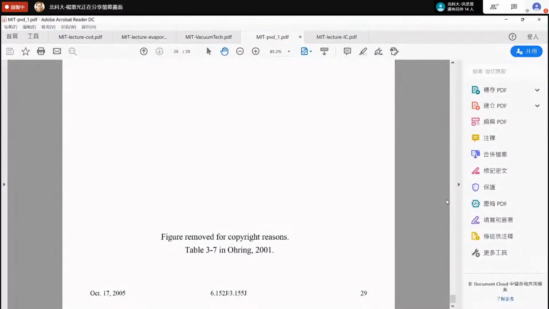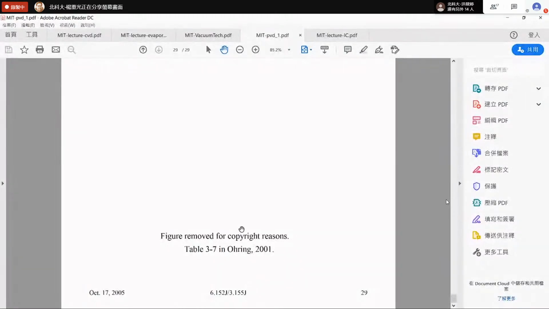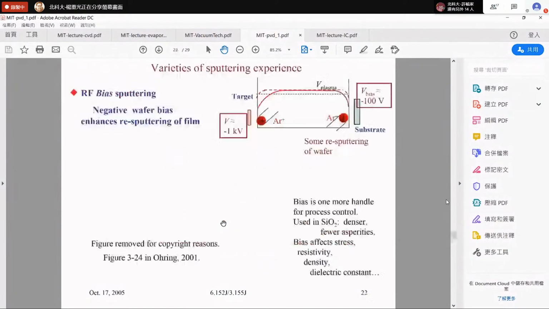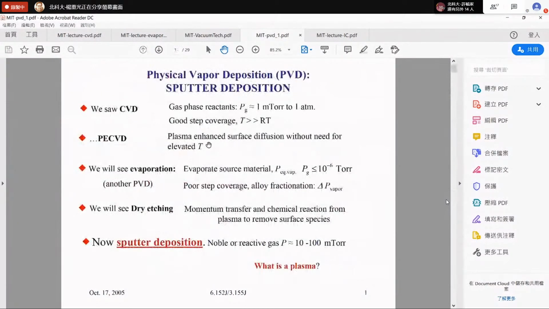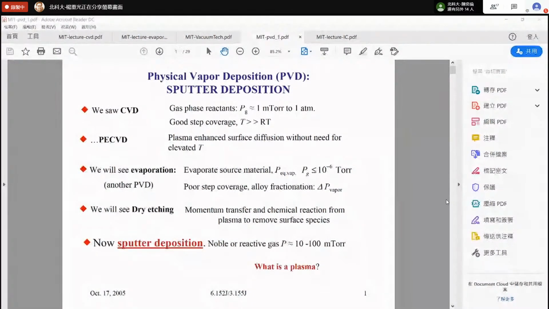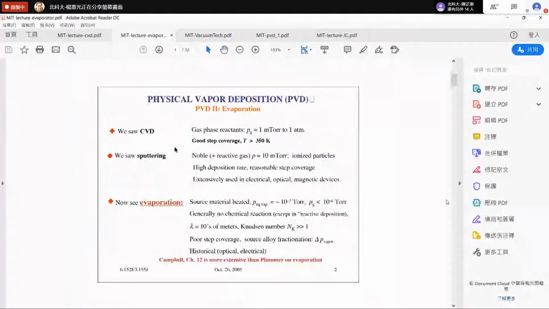So any question about my talk? This slide is a talk on sputter deposition, and later on I will give a talk on the evaporator.